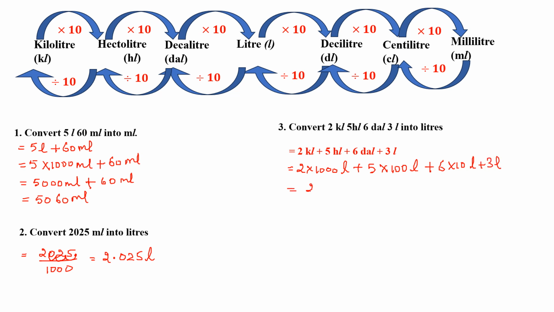So 2 into 1000 liter will give you 2000 liter plus 500 liter plus 60 liter plus 3 liter. And if you add everything, you will get 2563 liters.